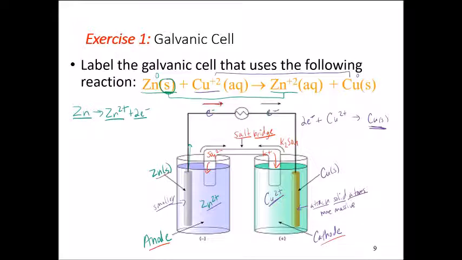However, if it was already pre-labeled, where they already put the electrodes and the solution components in there for you, you would look for the side that has the oxidation reaction, and you would look for the side that has the reduction reaction. So that's two ways to tell. If it's not labeled, you would want to look at the electron flow. If it is labeled, look for the reaction. Oxidation is going to be in the anode, the reduction will be over here in the cathode.